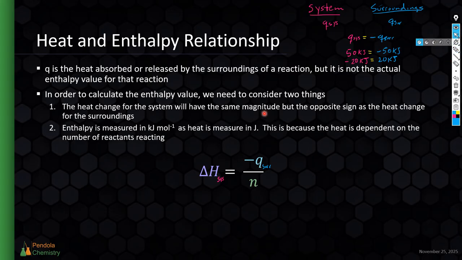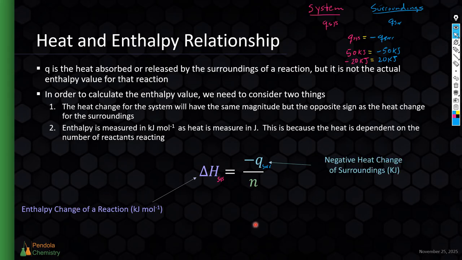So in order for this delta H to be calculated, we need to divide the amount of heat energy given off by the surroundings or absorbed by the surroundings, or negative Q of the surroundings, divided by the number of moles. So what does that leave us with? Delta H, which is the enthalpy of a reaction in kilojoules per mole, and that's going to be, again, always of the system, because delta H is of the system of the reactant.